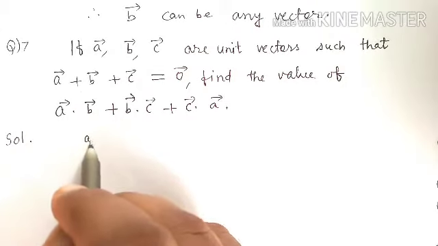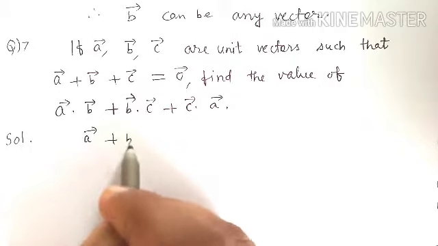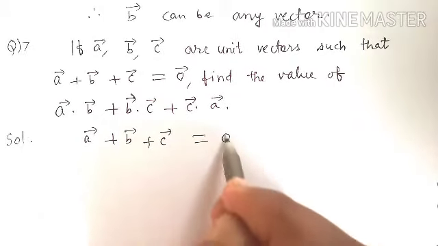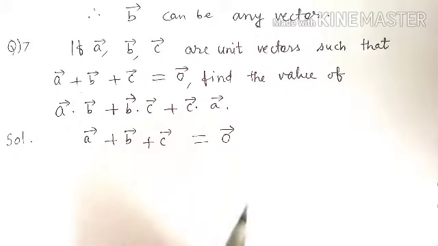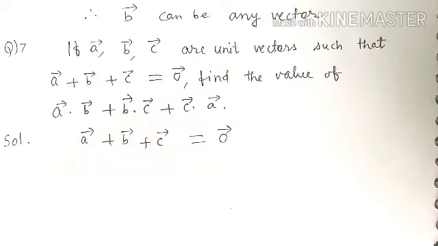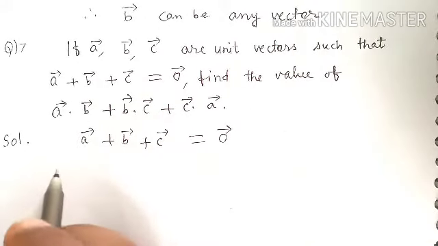Vector A plus vector B plus vector C is equal to 0 vector. Now we take the dot product.